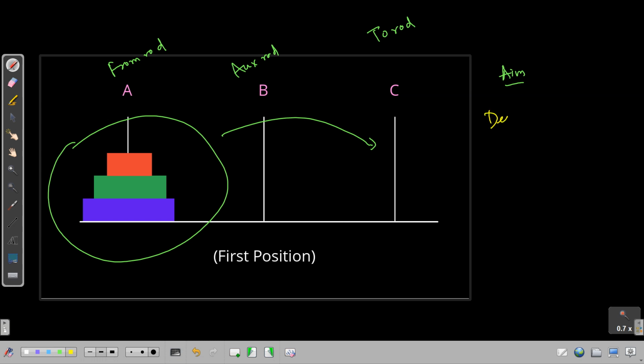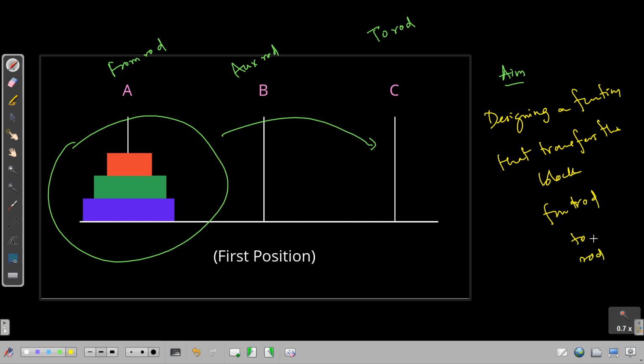Designing a function that transfers the blocks from rod to rod. Focus on these two terms: you have to design a function that will transfer all of these blocks to this position.